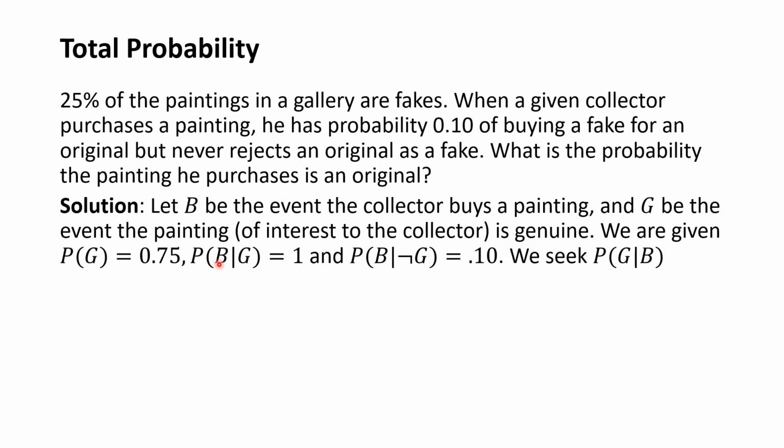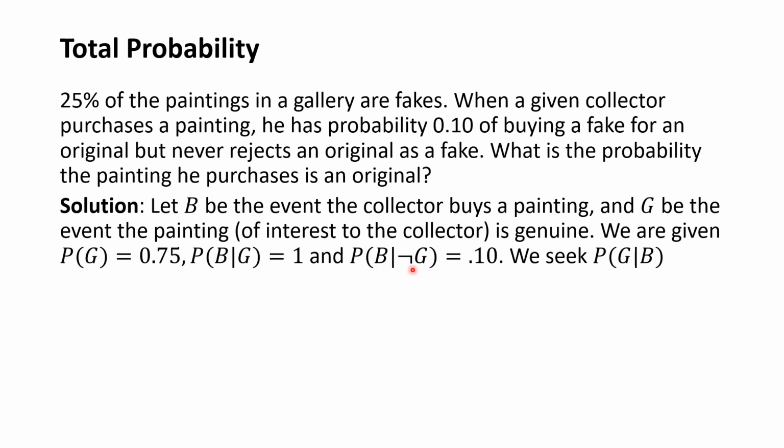Then the probability that the collector buys a painting of interest, given that it's genuine, is 1. We're told he never rejects the genuine one. So if he's interested in it and it is genuine, he's going to go ahead and buy it. So that's how we translate that into a probability statement.